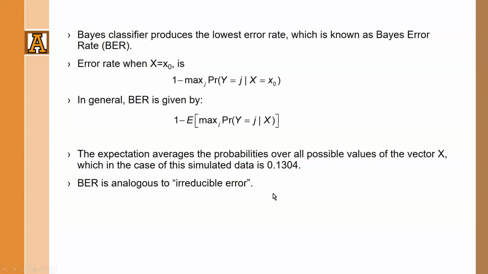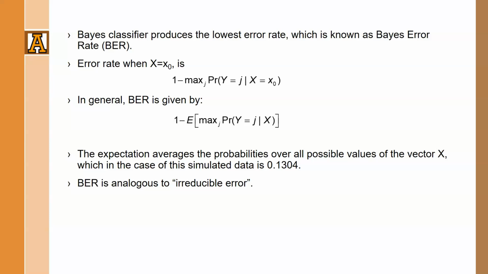Base error rate is what we also call irreducible error, because it is computed under the assumption that we know what the real model is. That's the best we can do.